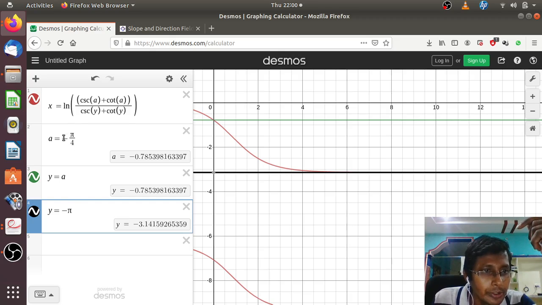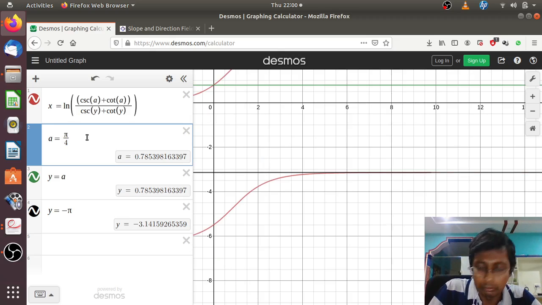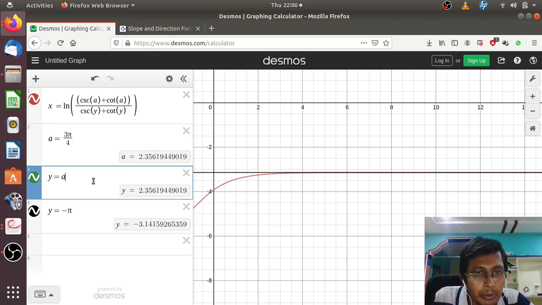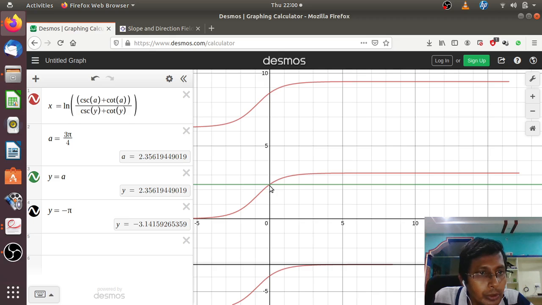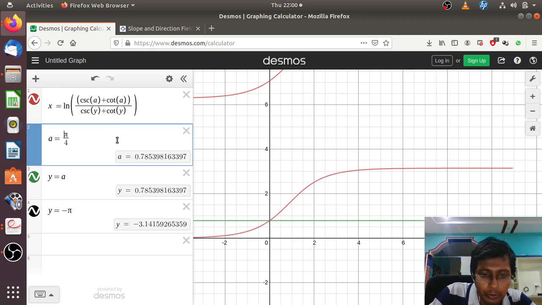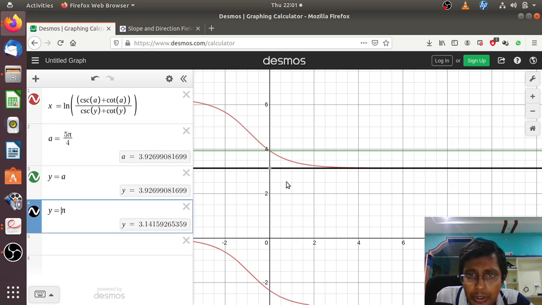For example, what if I put 3 pi by 4? Even if it's 3 pi by 4, the solution is approaching pi. What if it's 5 pi by 4? The solution is still approaching pi.